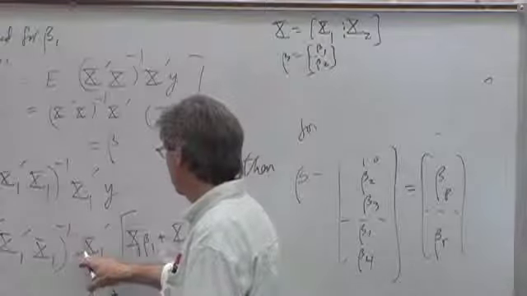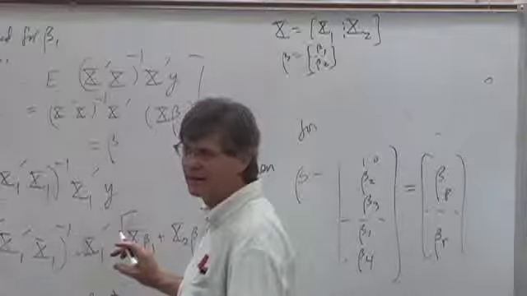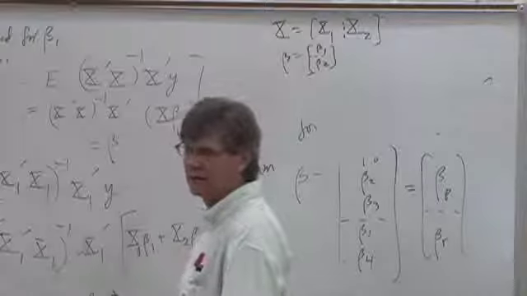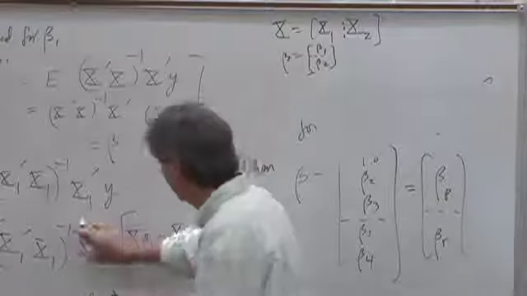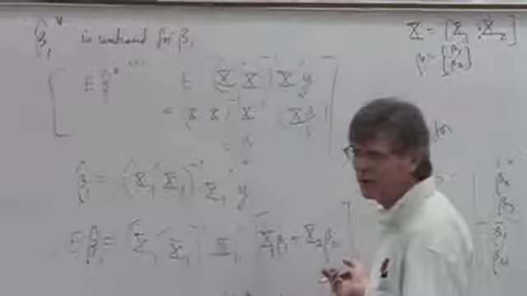X1 prime is a sideways vector. It's long, 1 by n. Then X2 is tall, n by 1. So you get the first column of X and the second column of X inner product times beta 2.